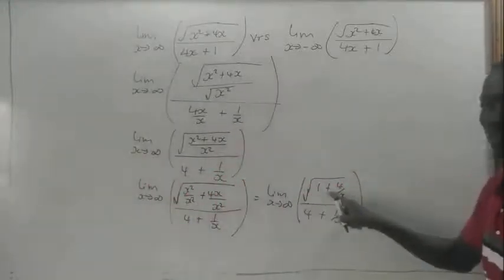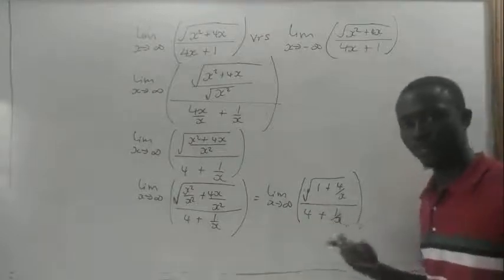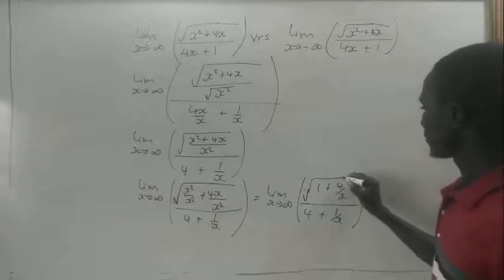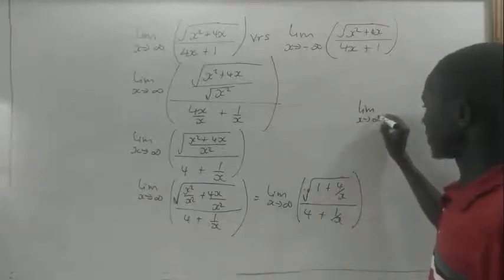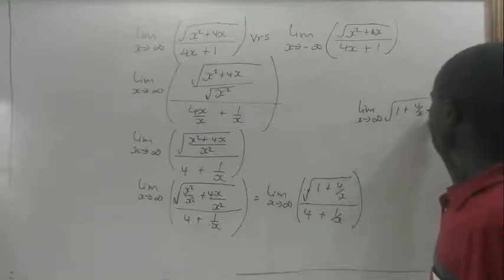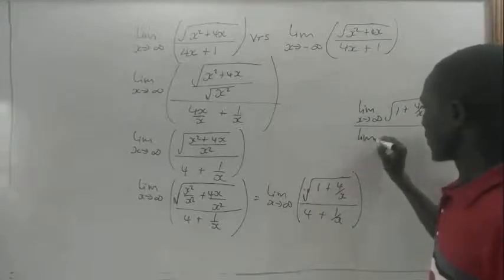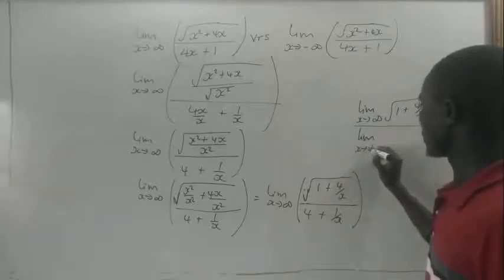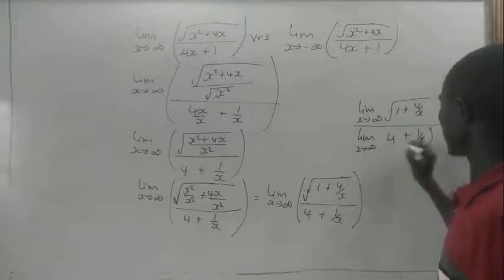Let's take the limit of the numerator and the limit of the denominator, because the limit of a quotient is the quotient of the limits. So we take the limit as x approaches infinity of the square root of 1 plus 4 on x, divided by the limit as x approaches infinity of 4 plus 1 on x.